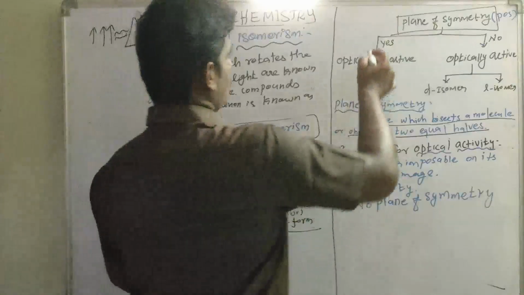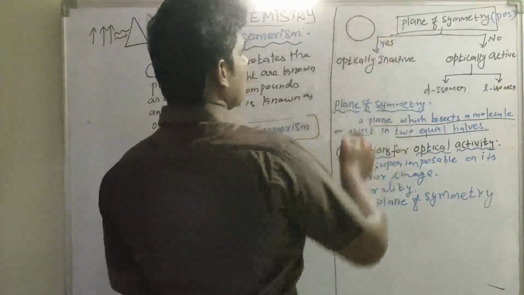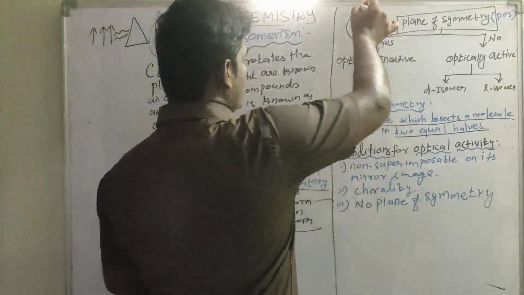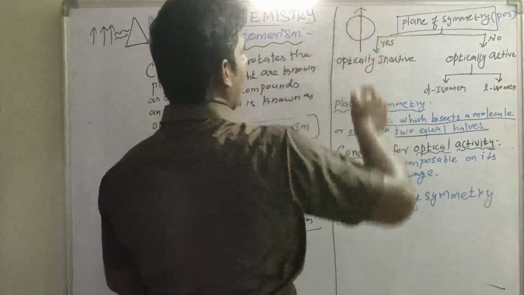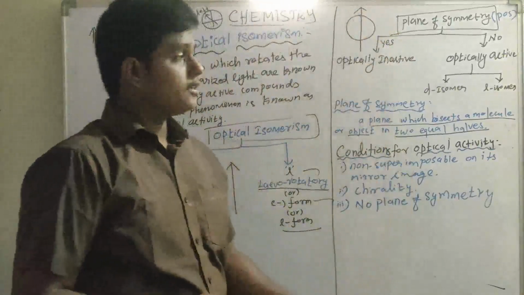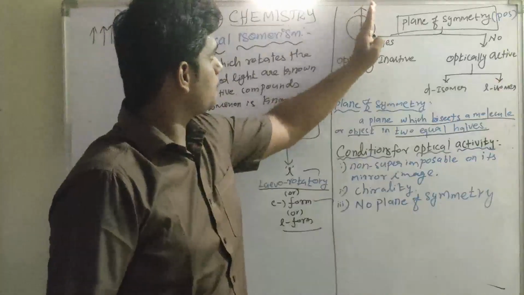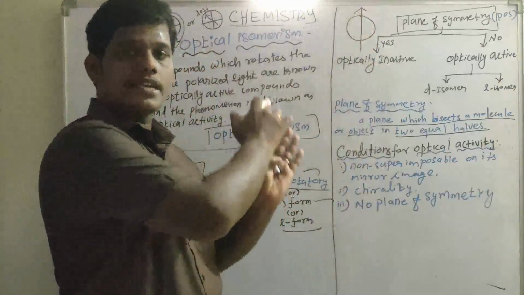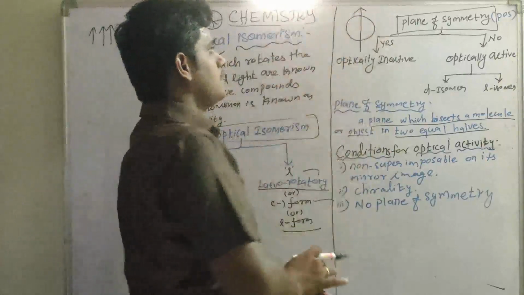Suppose you take an example, the alphabetic letter O. In this letter we can draw an imaginary axis passing through it. Suppose you consider a molecule also, the axis can bisect it into two equal halves. That means a same mirror image, in this direction also, and this direction.